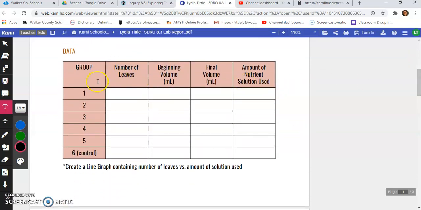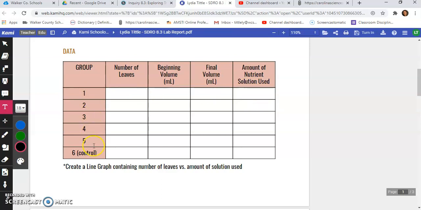So on our data table, each group will count the number of leaves that are on their plants. They will put their beginning volume, which should be 250, because we're all going to put exactly 250 in there on Friday. And then on Monday, they will find out what their final volume is. And then they will subtract that to find out how much nutrient solution was used.